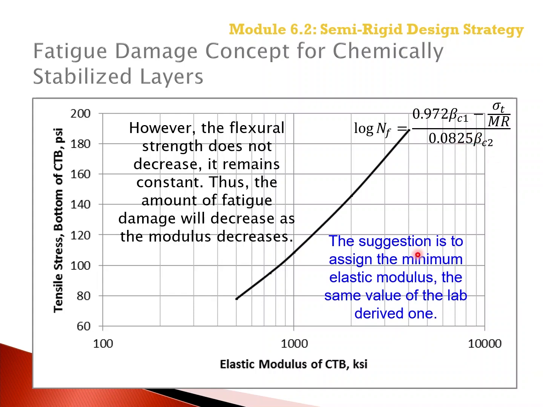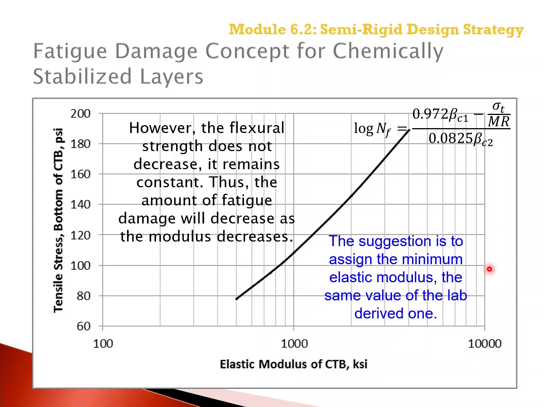modulus concept. So the suggestion is to assign the minimum elastic modulus equal to the 28-day elastic modulus that's measured in the laboratory, or that's used as a default value for the 28-day elastic modulus.